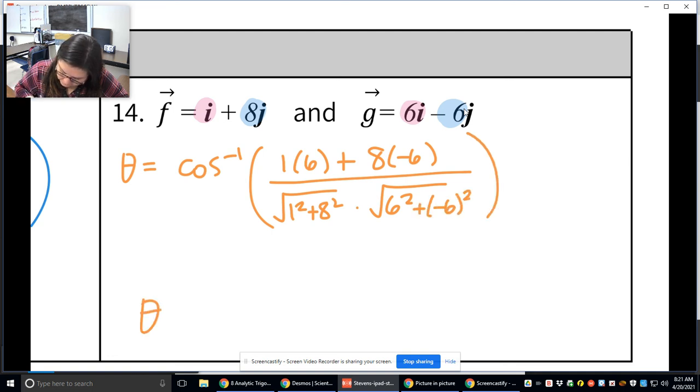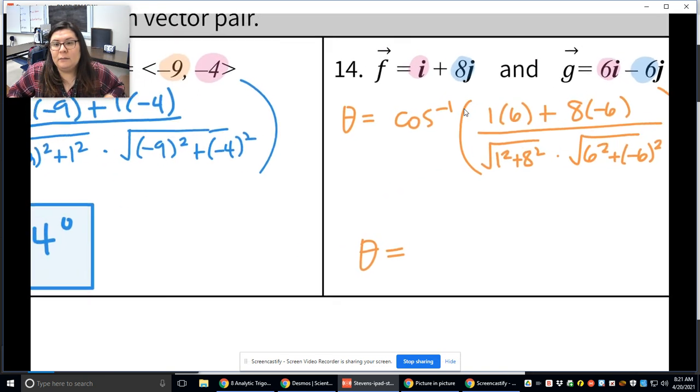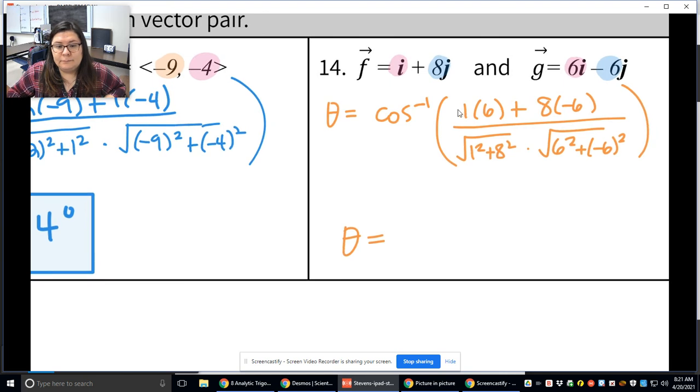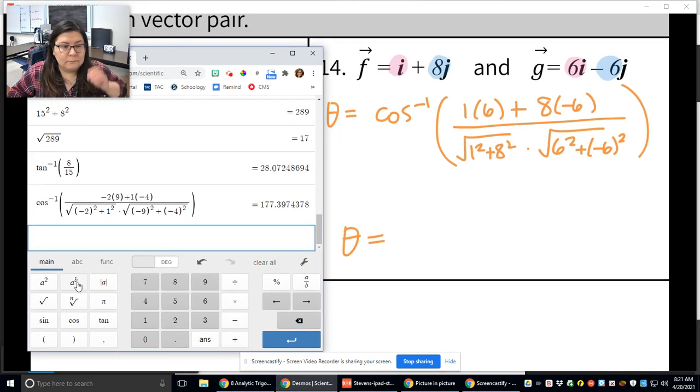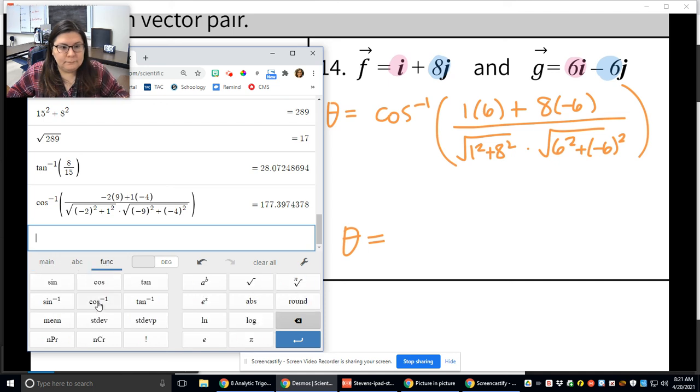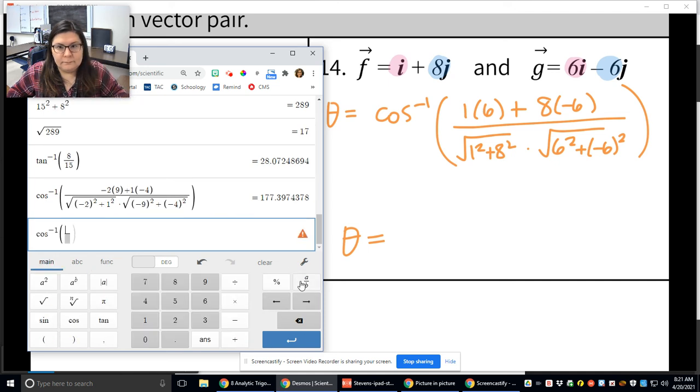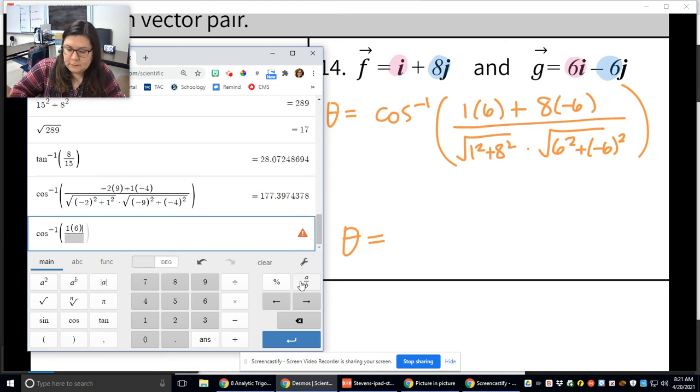Okay, and just like we did before, I'm going to type in that whole thing into the calculator. Okay, 1 times 6 plus 8 times -6.